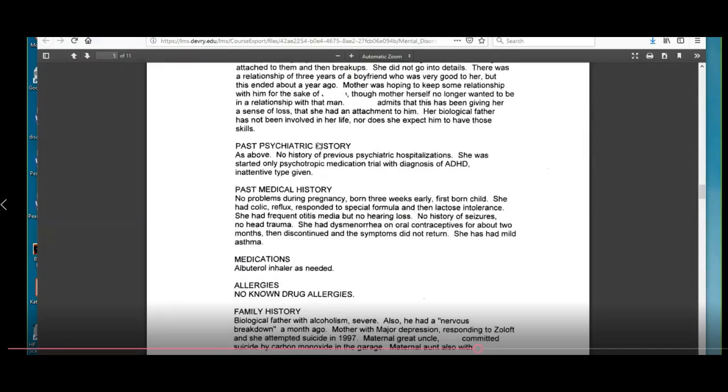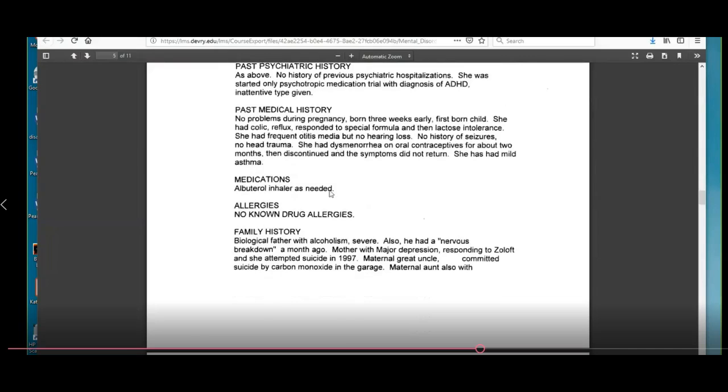So the past psychiatric history, no previous hospitalizations. She was on the psychotropic medication for ADHD inattentive type. Past medical history, there were no problems during her pregnancy. So the mom's pregnancy with her, right? She was born 3 weeks early. She was the first child.